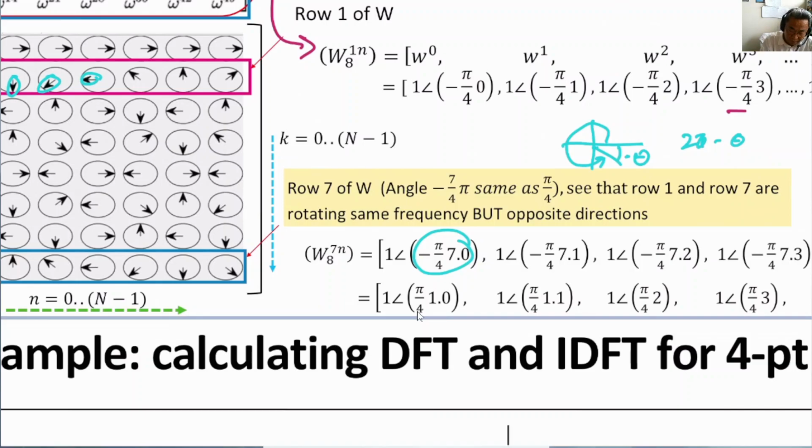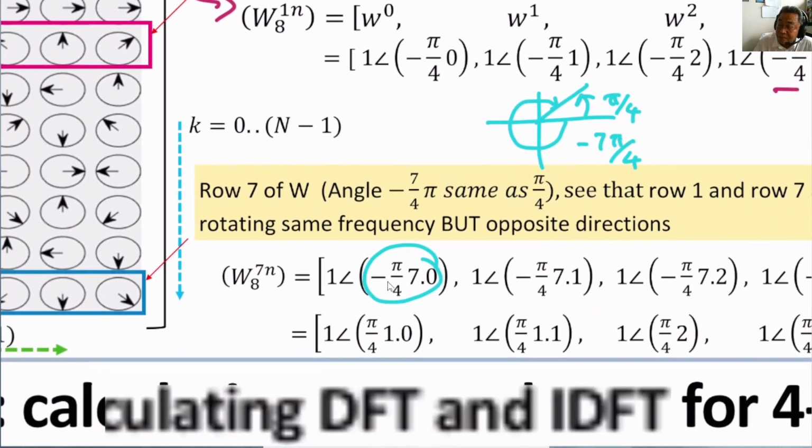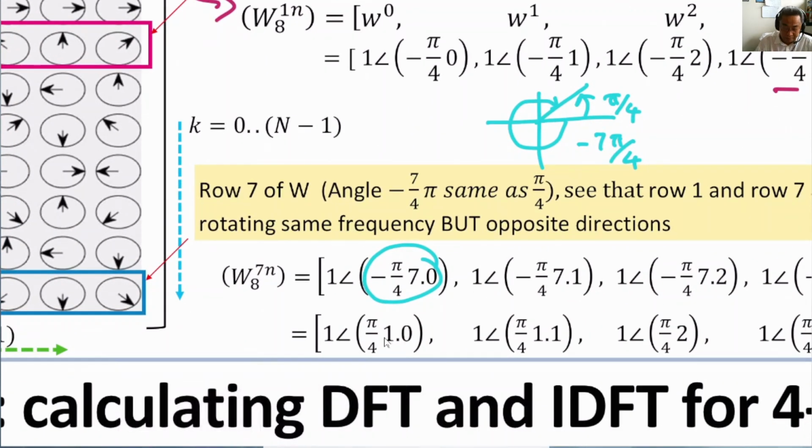Because, let's see where is minus 7 pi over 4. This is minus 7 pi over 4. This is pi over 4, because when they add together, you get 2 pi. So we can convert a negative angle to a positive angle.